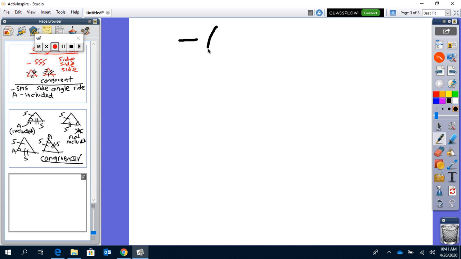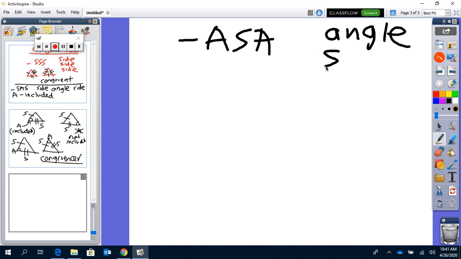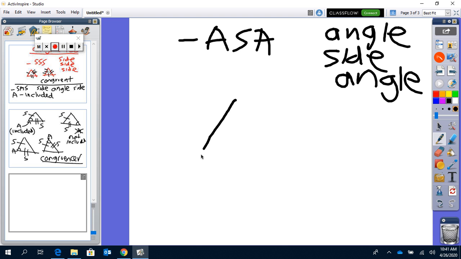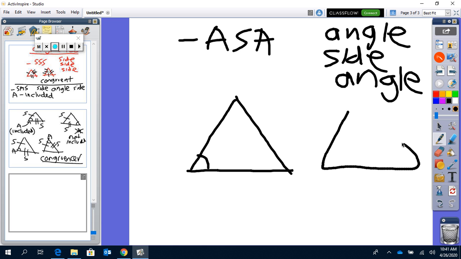One is ASA, that's going to be angle, side, angle. So for example, here we have two angles that are congruent. Let's say we have one angle there and one angle there.